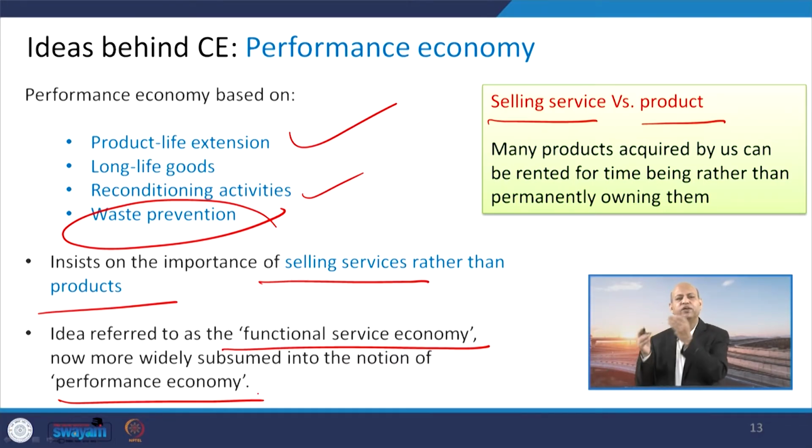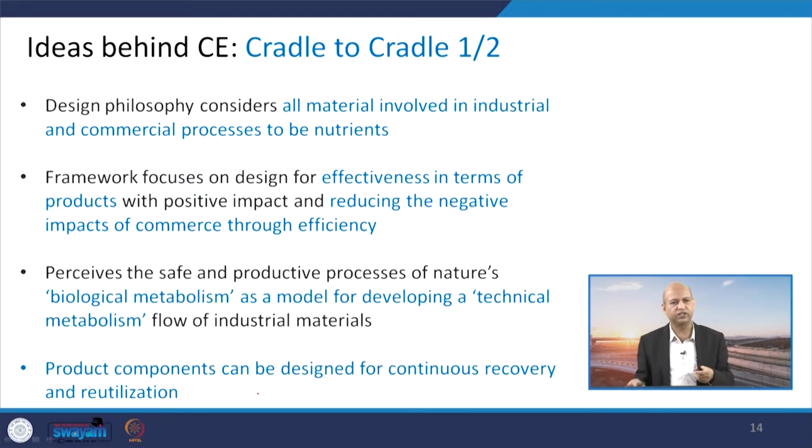For example, you are using a computer and after 5 years you find that it is not meeting your demand because you need more computational capacity, and you just discard it. Now it is a waste product, but in circular economy this is not a waste product. You can give it to some village school where it can be used. There they do not need such high computational capacity. So, that kind of reuse of products can be there.